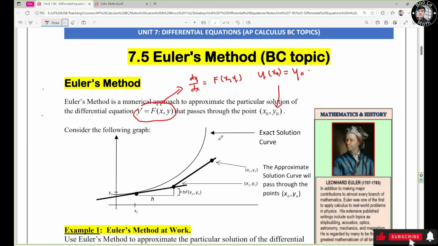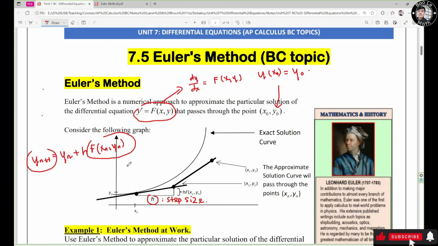Now we have the formula: yn plus 1, which is the next term, equals the previous term yn plus h times f of xn and yn, where h is called the step size, and f of xn, yn is the derivative evaluated at the current point. yn plus 1 approximates the value at the next x value.